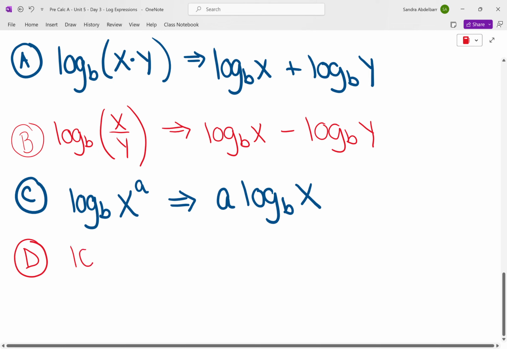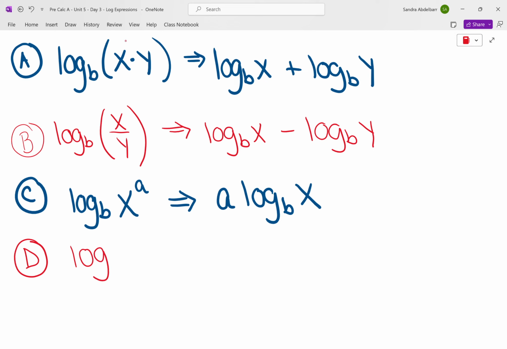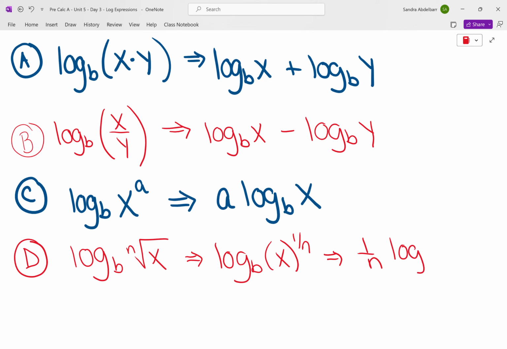All right, next one, which is sort of the same thing. If I have log base b of the nth root of x, well, isn't that the same as log base b of x to the 1 over n? So really what this is telling us, we know a radical can be written as an exponent, but then if it's an exponent on the argument, where can we bring that? To the front, right? And make it 1 over n times the log base b of x.